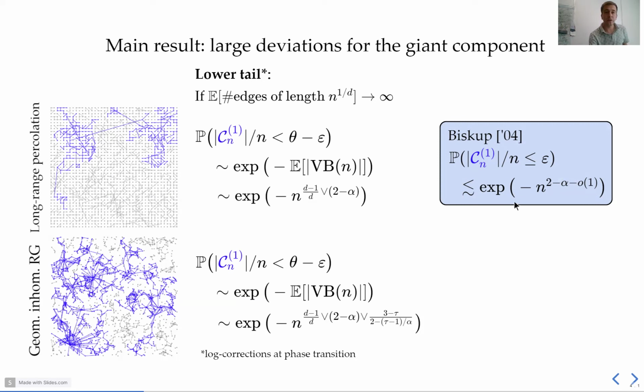And here also this 2 minus alpha pops up, but there is still a minus little o(1) term, so we can basically almost get the bound that we see here on the left, but not exactly. It's a tiny bit looser. And also a big difference is that here this epsilon has to be very small. It's a small constant, and we don't know if we can increase it all the way to the percolation probability theta. That's an extension of this result.